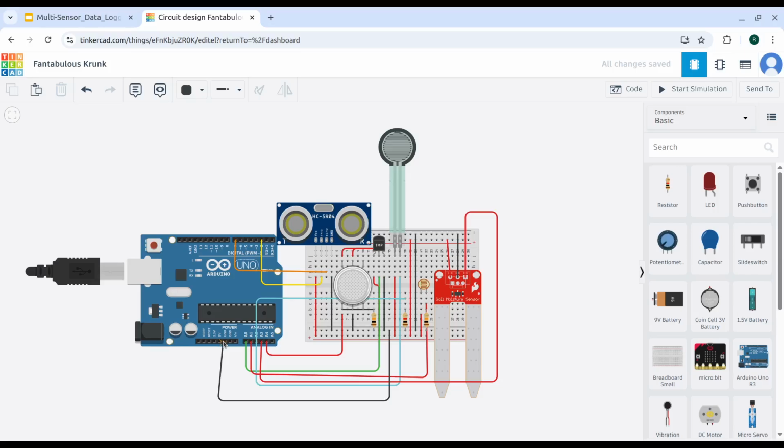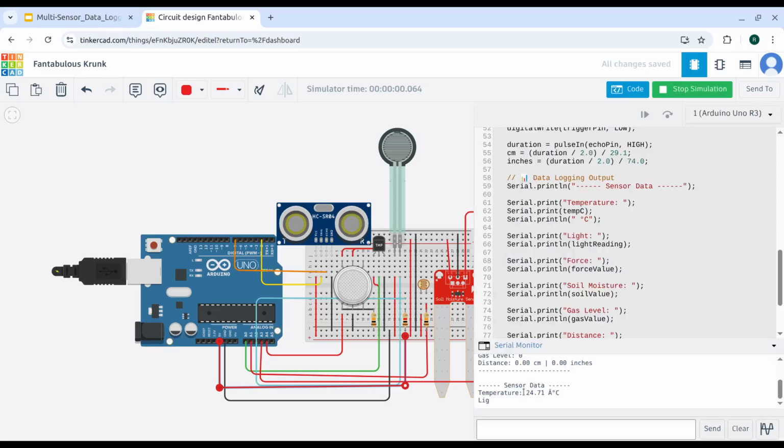Then we need to connect the power pin also. So power positive. So here it is there. Yeah. Start simulation. Yeah. See here.